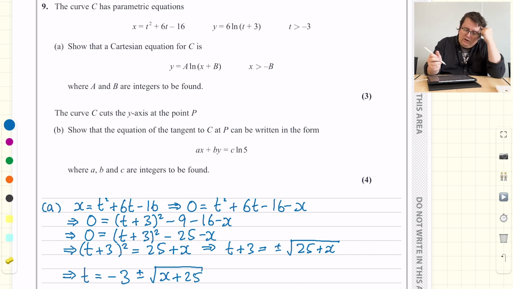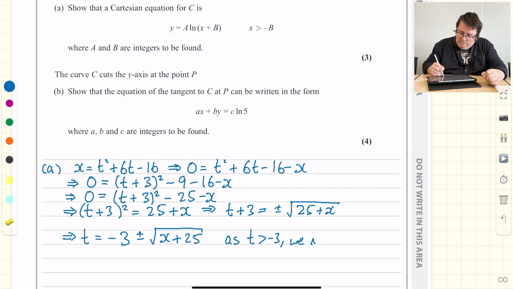Now, because we're told that t has got to be greater than negative 3, t equals minus 3 take away the square root of x plus 25 isn't right, because you'd be subtracting a positive value away from the negative value already there. So as t is greater than negative 3, we must have t equals negative 3 plus the square root of x plus 25.